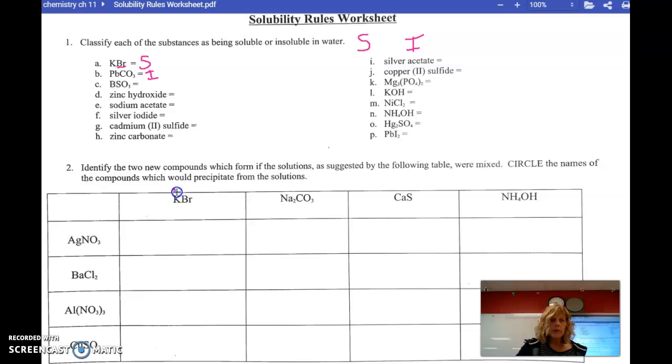So I first need to know potassium is a +1, bromine is a -1, nitrate is a -1, which means silver must be a +1. So when these combine, silver, it's going to form these products.